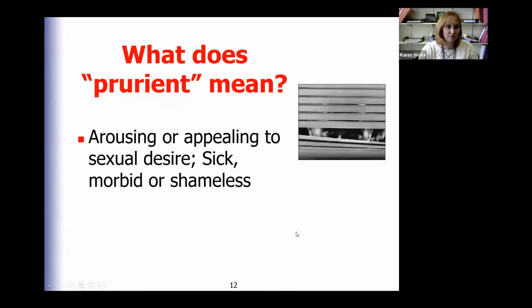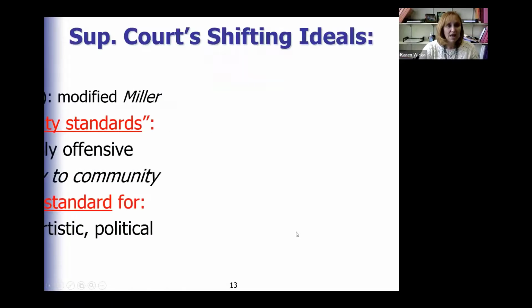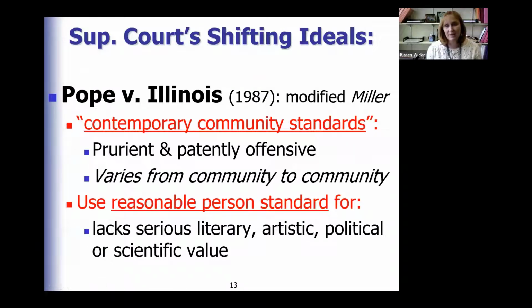Okay, so we already defined prurient. Now, the next court case that came out was trying to figure out those standards. How do we as a community define each of those things? So the first one, whether it's prurient and patently offensive, the court said you use what we call a contemporary community standard. That means the community that you live in, where the material is.